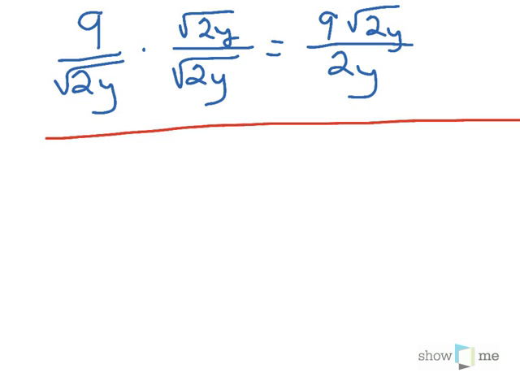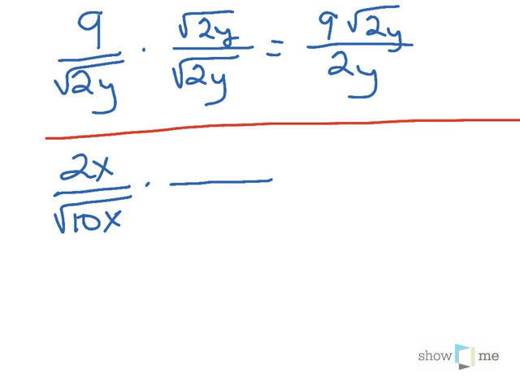I have 2x over the square root of 10x. I'm going to multiply times the radical expression on the bottom, which is the square root of 10x. Same thing on the top, square root of 10x. I think I'm going to write this out a little bit more this time.